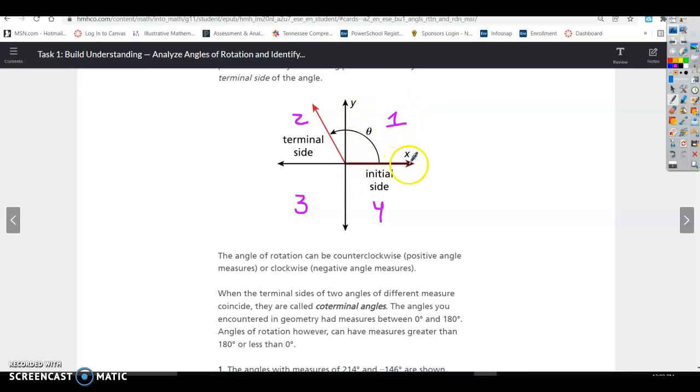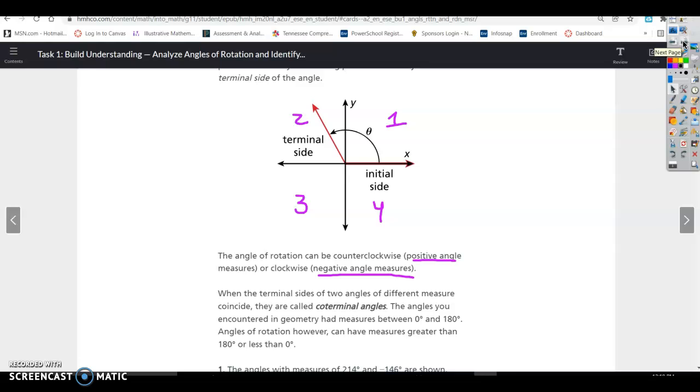So this is my positive x, this is my positive y, and that's why this is quadrant 1. So you go quadrant 1, 2, 3, 4. So if you rotate counterclockwise, with the quadrants, it's a positive angle. If you rotate the opposite direction, it would be considered a negative angle. So make sure you have that in your notes, as that will be important as we move through.